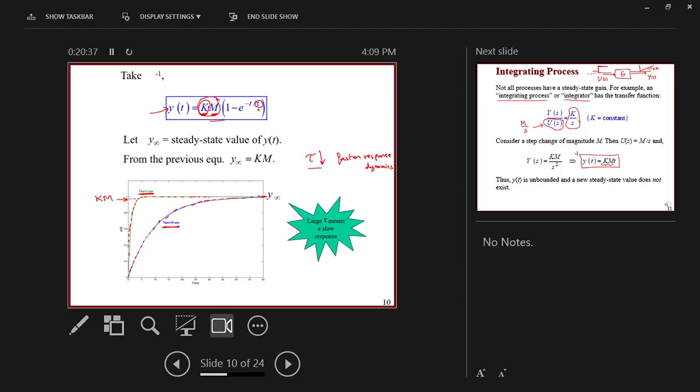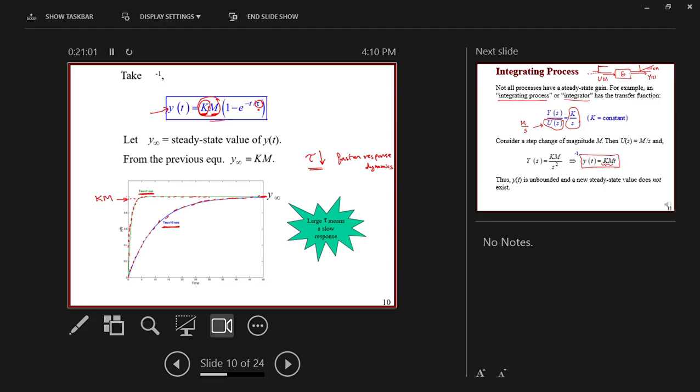Reducing the tau will make the process respond faster, and increasing the tau will make the process respond slower. So this tau actually represents the speed at which the process responds to the input changes.